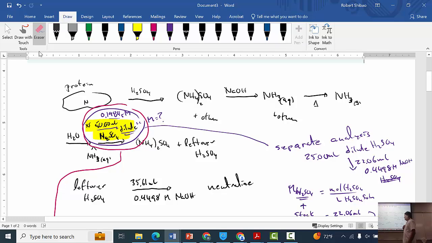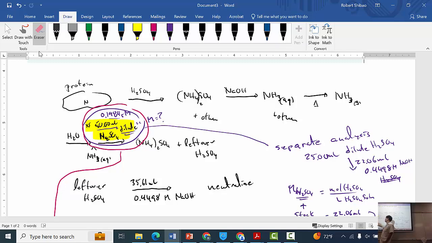So when we added all the stock solution here, did it all react? And the answer is no, it didn't all react. It's an excess of H2SO4. If it's an excess, what we need to find out is how much H2SO4 reacted. Because if we figure out how many moles of this excess H2SO4 actually reacted with the ammonia, then it's simple.